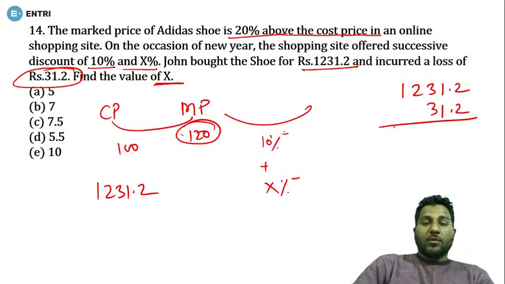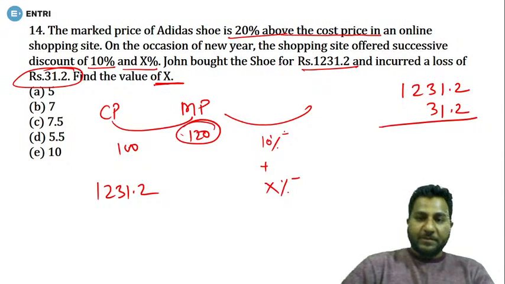Come on, how are you going to solve this? Come on, everyone. You can match it. John bought the shoe. Look, 10% wrong. No, Sharath. It won't be 10%.